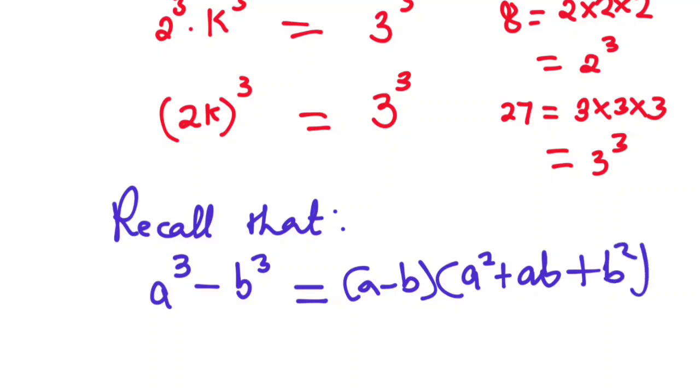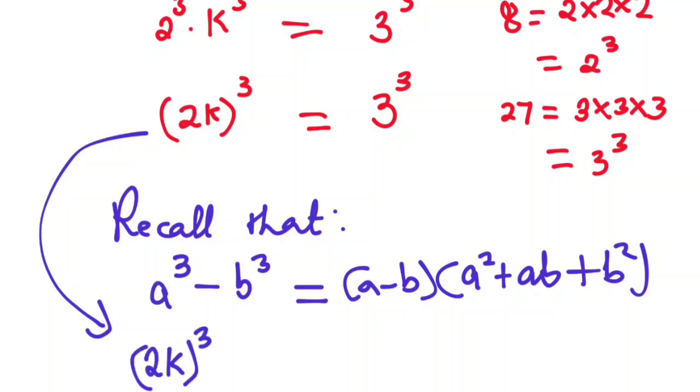Understood? So this, we can rewrite as 2k to the power of 3 minus 3 to the power of 3, then equals what? Equals 0.